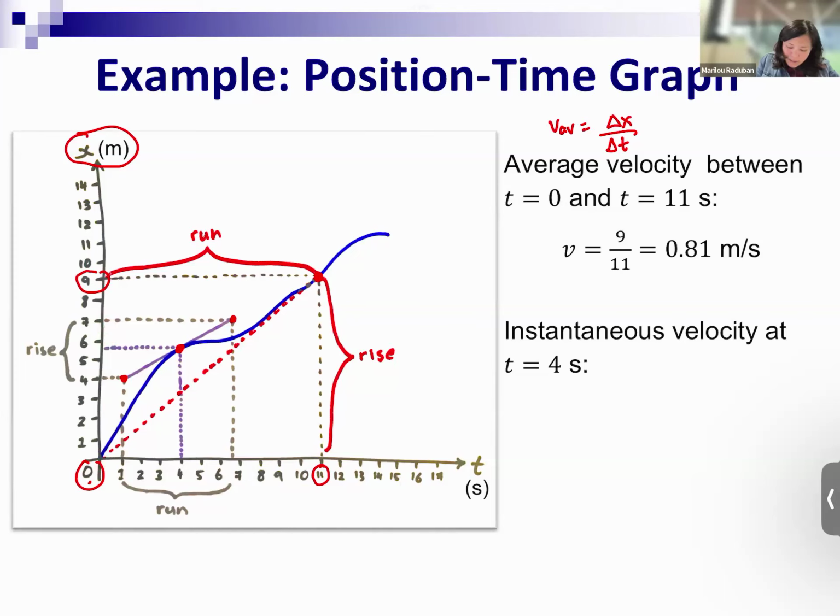By drawing your tangent line this long, I can see here that the final position is at 7 meters. The initial position is at 4 meters. Giving you a displacement of 3 meters.